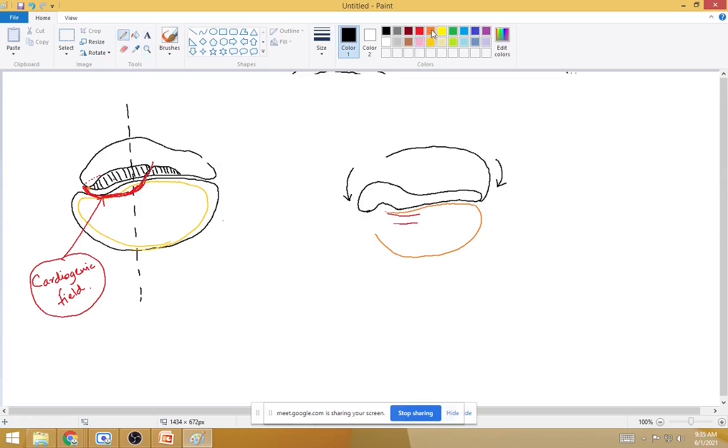So what is happening here? Due to this folding, the heart, which was initially here, comes down into the cervical part, due to the overgrowth of the brain.